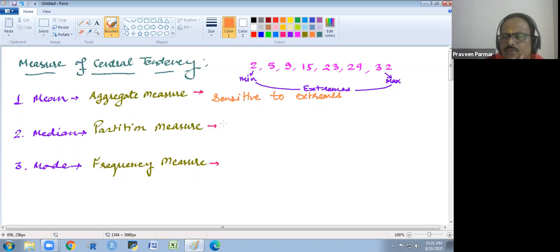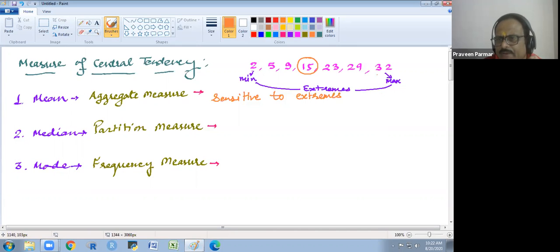But if I talk about the median of this data, can someone tell me the median? What is the median here in this data? 15 is the median. If I make some change in the extremes, will the median change?